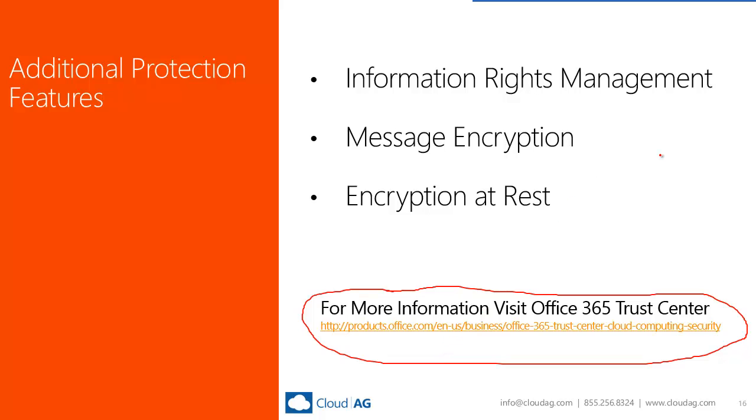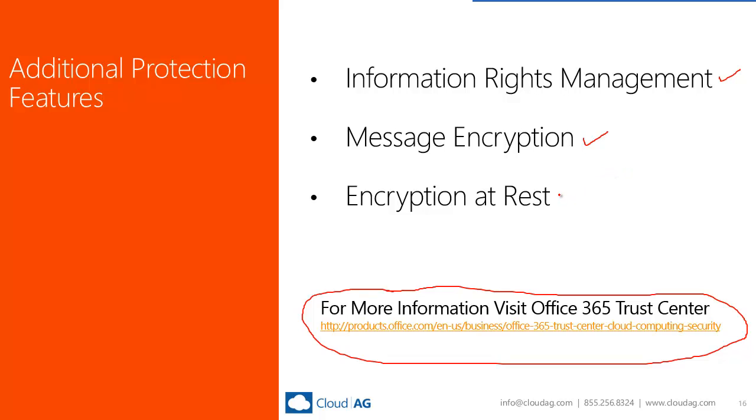But a couple other things that you might find interesting: information rights management, which is being able to control who can actually open and view information that's being sent via email. Message encryption, so that you can send an encrypted email message to somebody, whether it's an internal person or a third party, and they would have to validate themselves in order to be able to read it. So it's a way that you can protect content through an encrypted method.